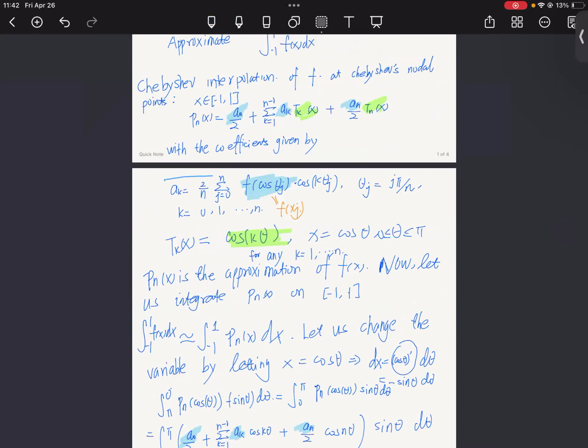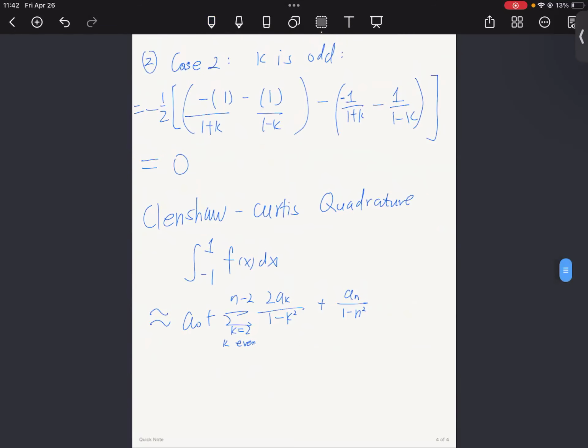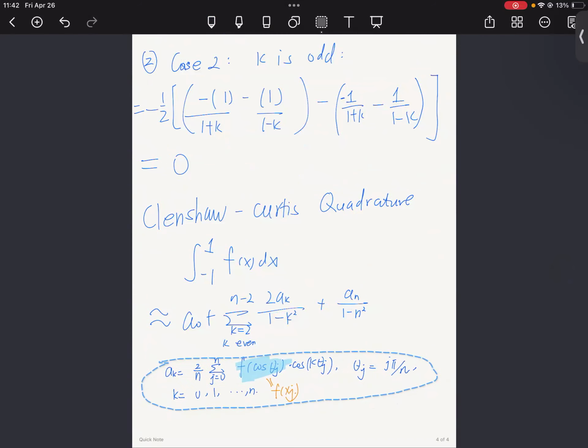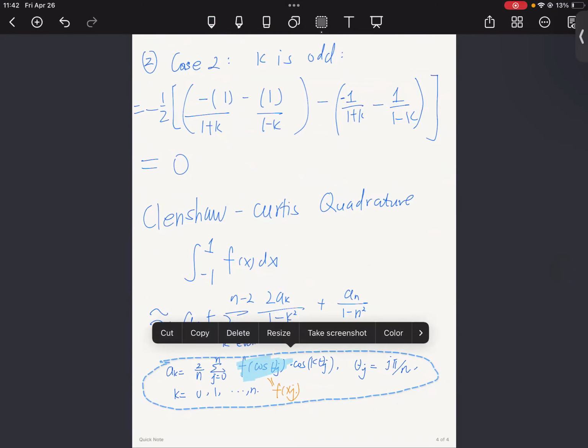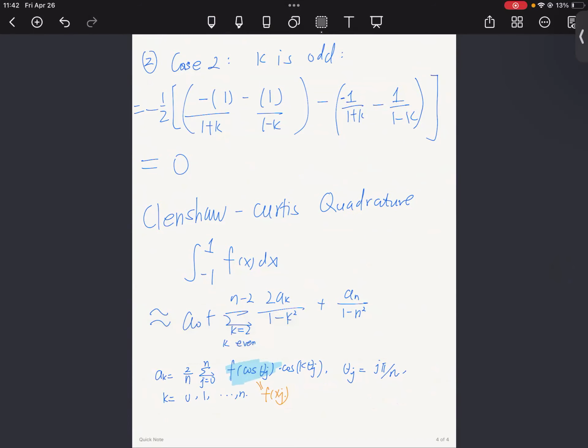The a_k here is defined with the Chebyshev interpolation, and a_k is just defined by this number: 2 over n, then the sum of f(cos theta_j) cos(k theta_j).